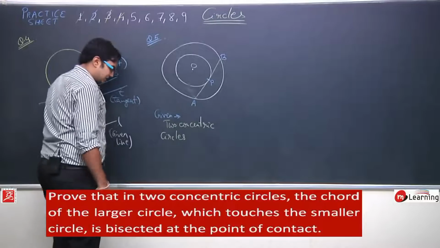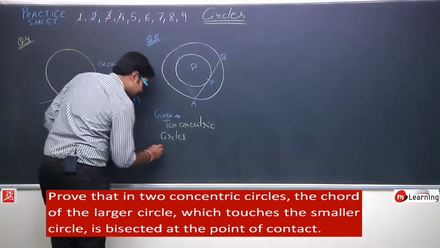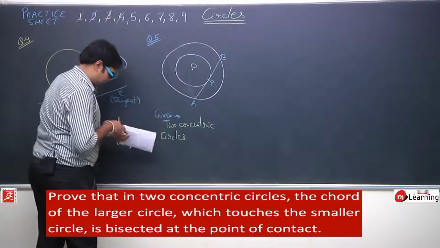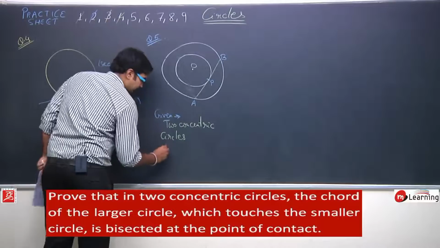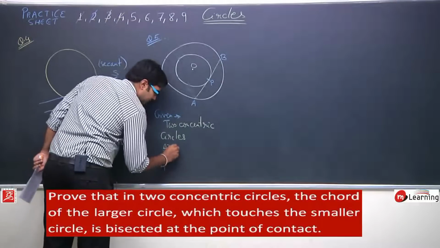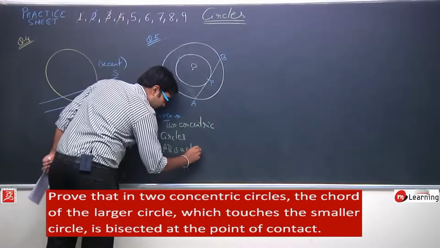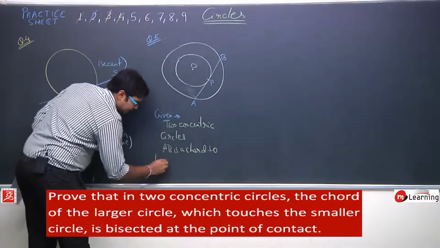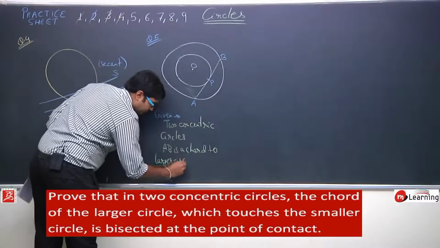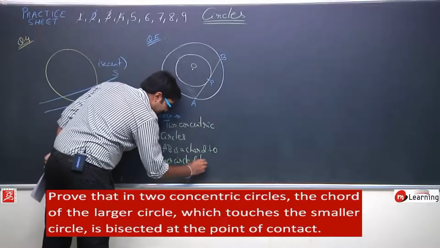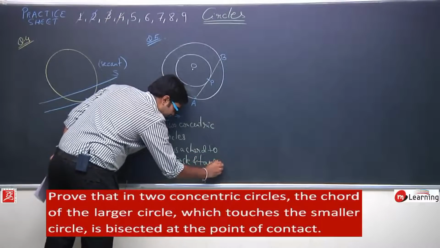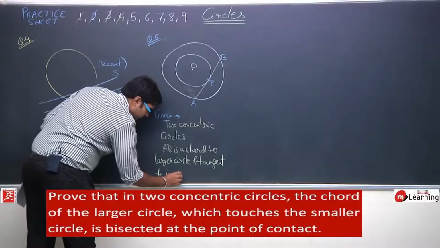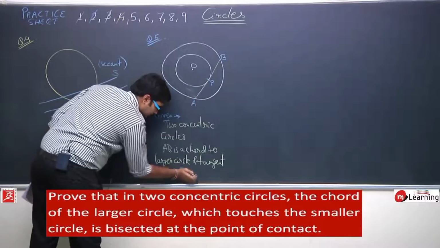Then the second given condition is AB is a chord to the larger circle and tangent to the inner or smaller circle.